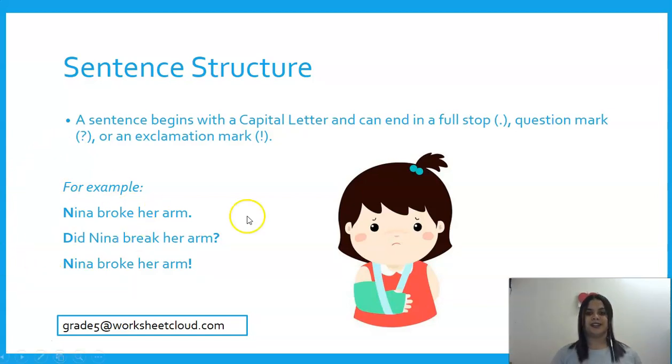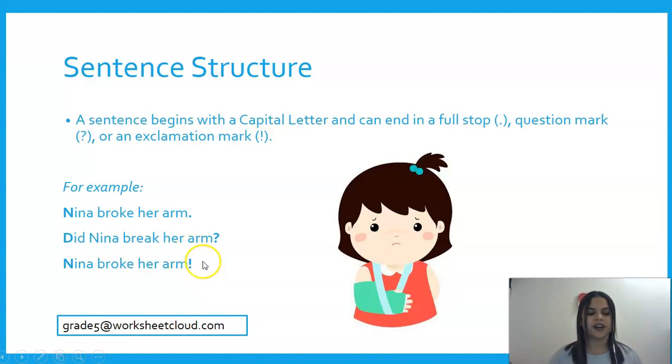So we're moving on to the next sentence. Did Nina break her arm? So now we are asking a question and we are still starting our sentence with a capital letter with "did," and we are ending our sentence with a question mark. Now the last sentence, I'm repeating myself. How can that be? But there is a difference, grade 5s.